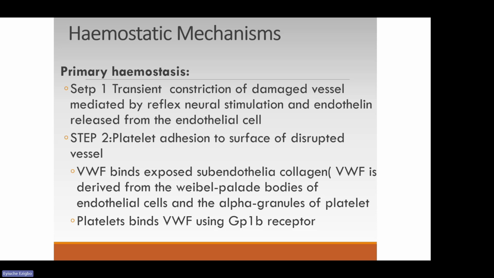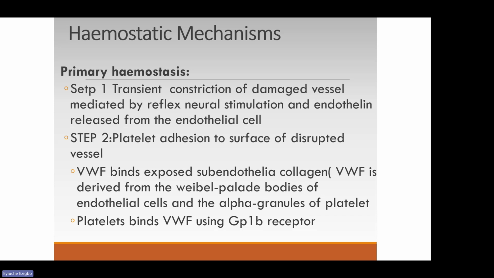So the first thing the blood vessel does in primary hemostasis to stop bleeding is this transient constriction, because of some reflex neural stimulation and also the endothelin that is released from the endothelial cells.